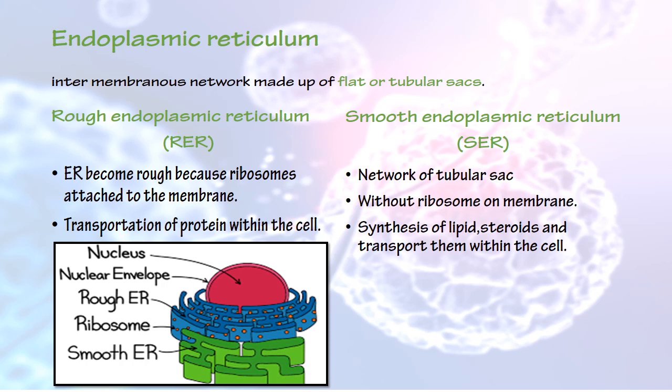Also, rough endoplasmic reticulum aids in transportation of protein within the cells. Smooth endoplasmic reticulums are tubular sacs, which synthesize lipids and steroids and transport them within the cell.